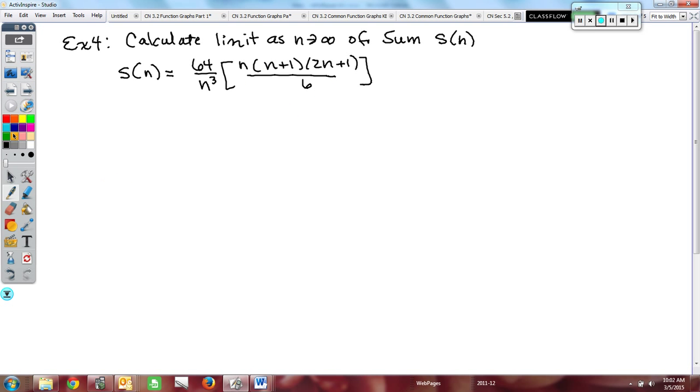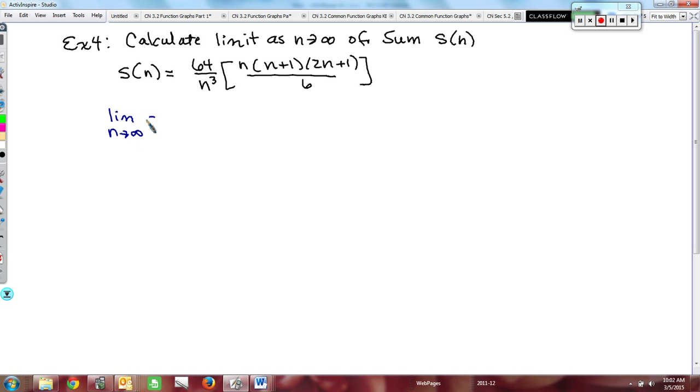So I want to take the limit as n goes to infinity of this sum formula that you will have created. This is reminding you of prior knowledge from way back in chapter 2, limits at infinity, which is in section 4.5, I believe, in your textbook. We have a rational function, and I'm going to pull in the 64 as I'm writing it. So it's 64 n, n plus 1, 2n plus 1 over 6n cubed.